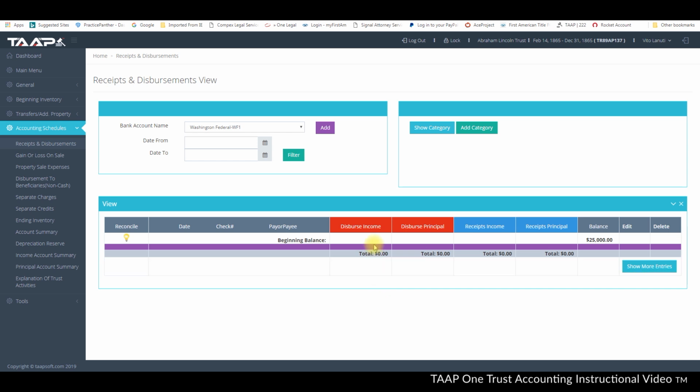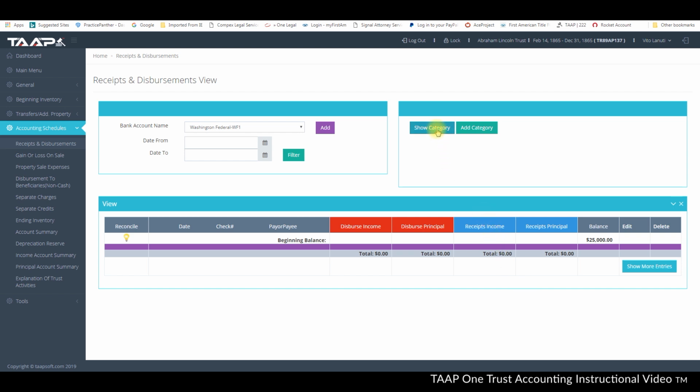So we see four columns: disperse income, disperse principal, receipts of income, and receipts of principal. So right now in this video, we are going to focus on receipts of income and principal. We will discuss disbursements in another video.